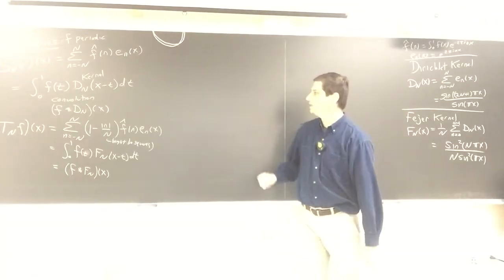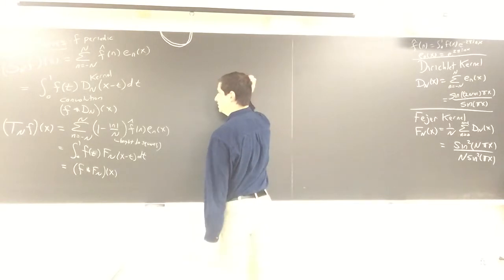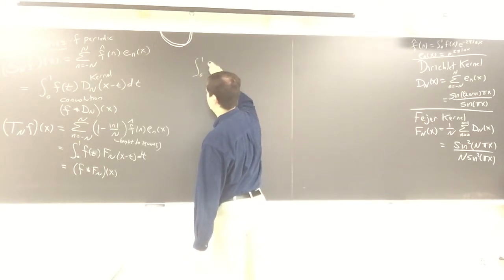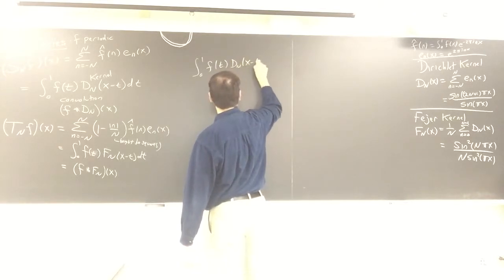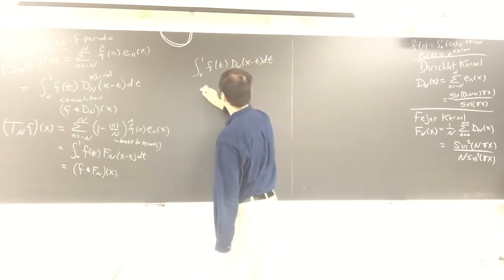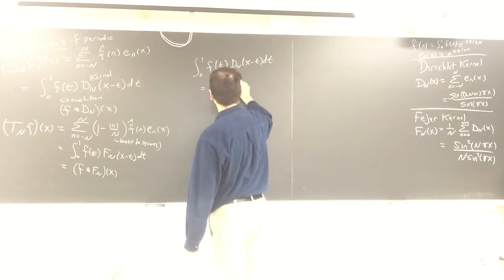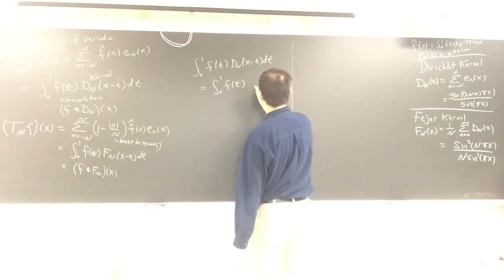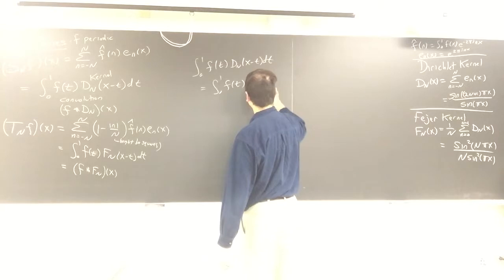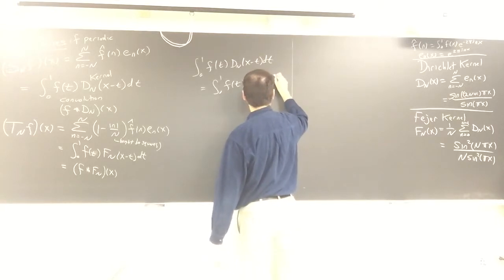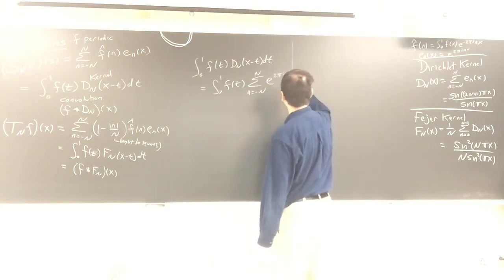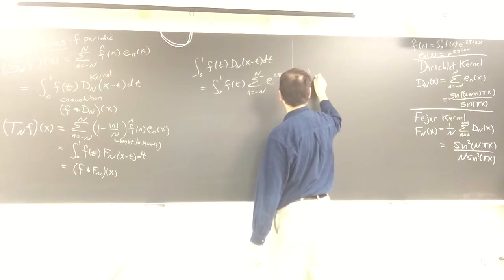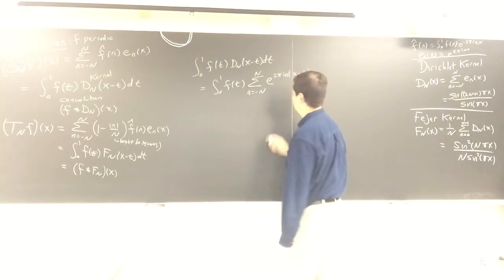So if we wanted to prove something like this, if we look at the integral from 0 to 1 of f of t D_N of x minus t dt, this is the integral from 0 to 1, f of t, and now D_N is going to be the sum, n goes from minus N to N, e to the 2 pi i n, and now I evaluate it at x minus t, dt.